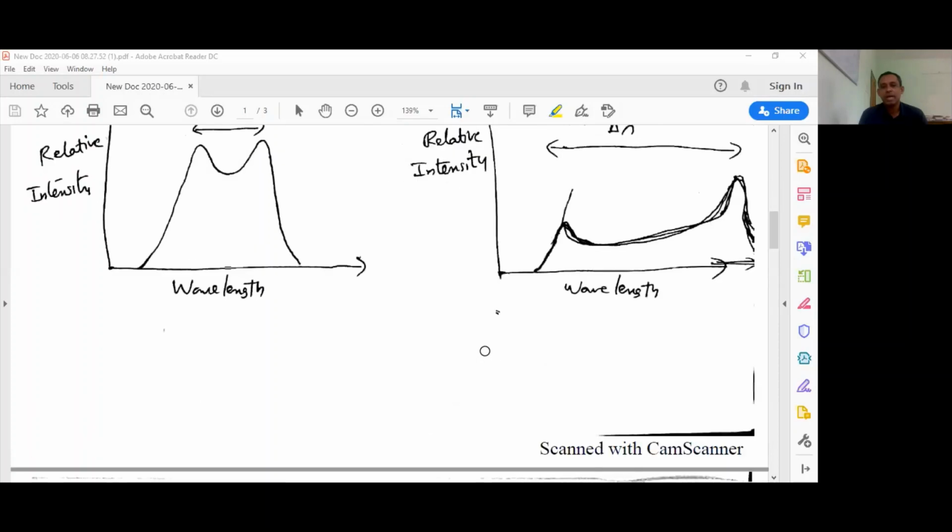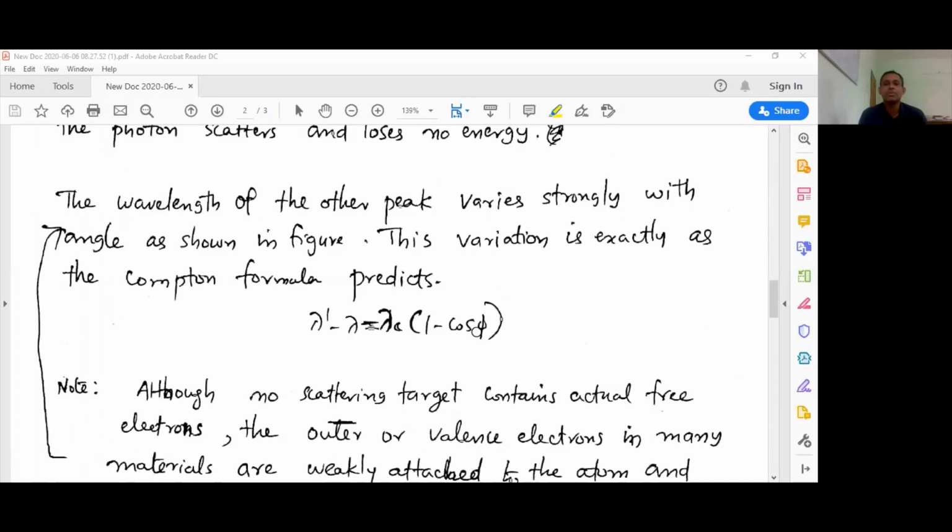The shift becomes maximum for phi equal to 180 degrees, because cos 180 is minus 1.